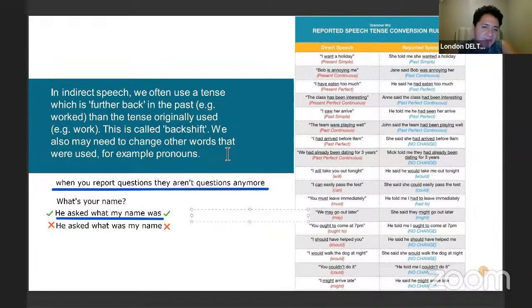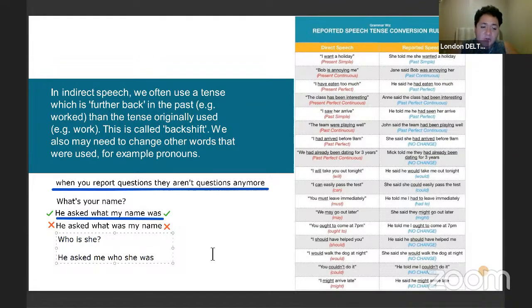Okay? Let's see another example. Vamos a hacer otra con what. Who is she? ¿Quién es ella? Entonces sería, he asked me, who was she? No, who she was.